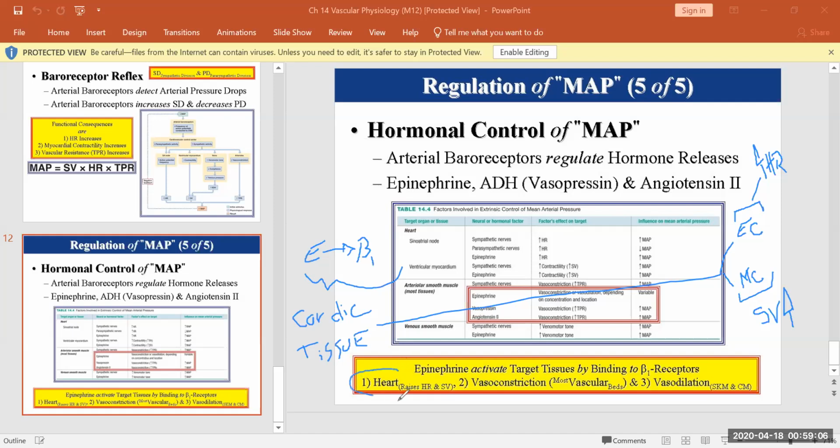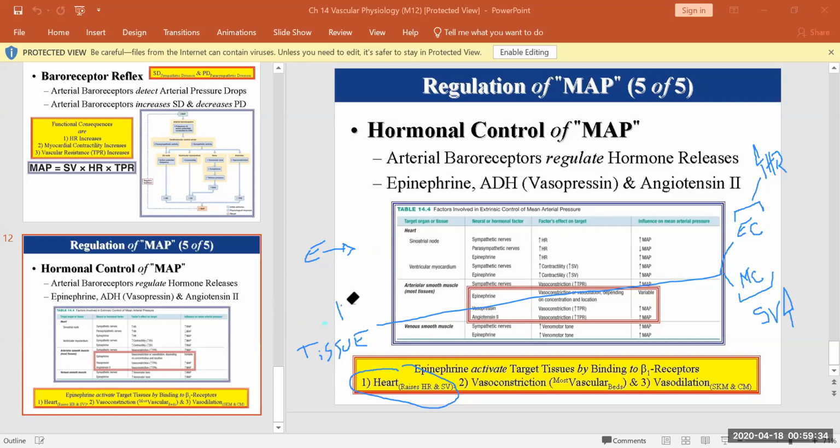This, number one, is due to epinephrine binding to beta-1 adrenergic receptors. Okay, so that's for epinephrine and beta-1. Let's erase this.